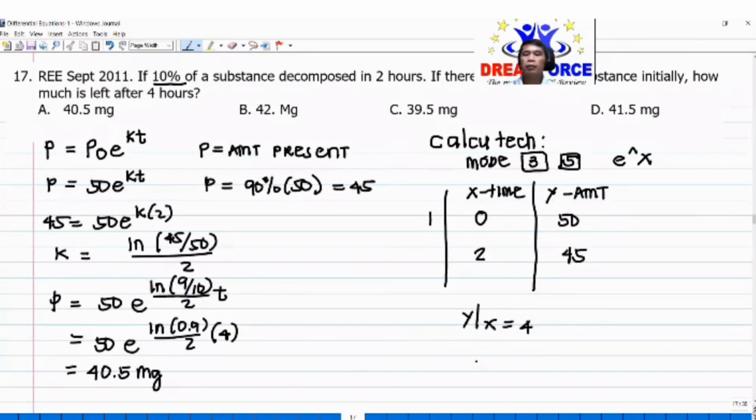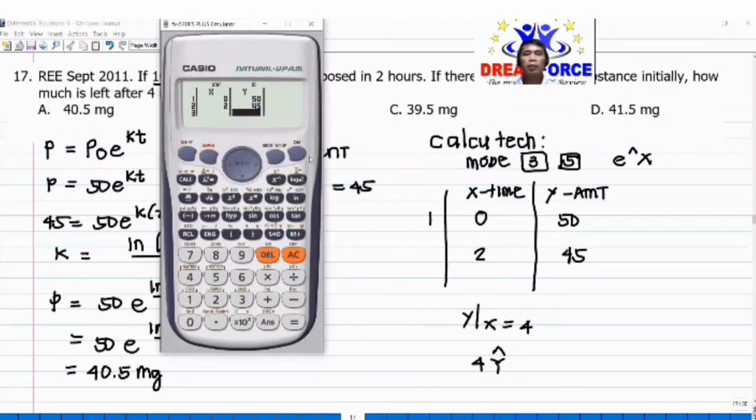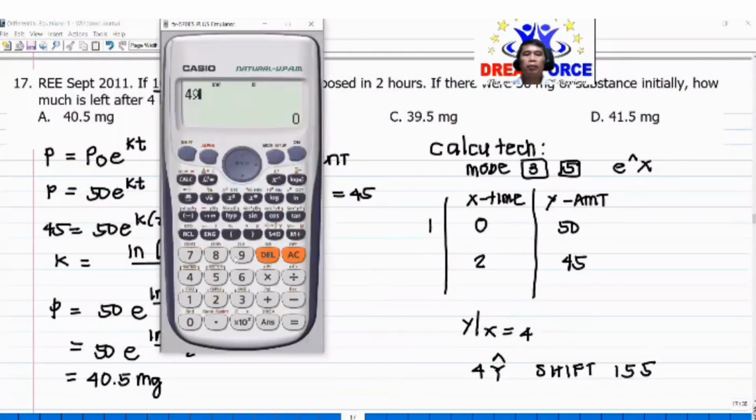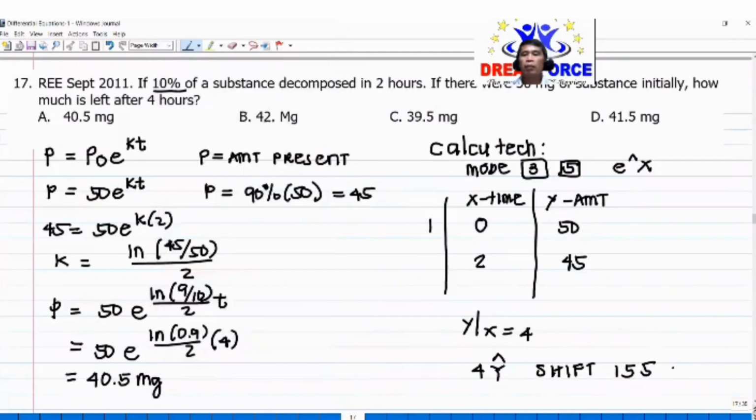So gagamitin natin ay 4 y hat. So paano palalabasin yon? Press muna natin yung on. So 4 shift 1 5 shift 1 5 5 then equals so 40.5.